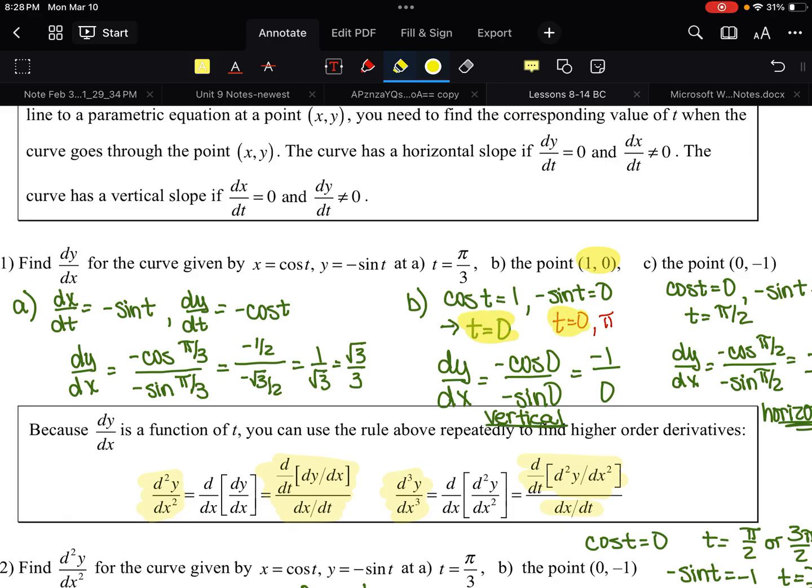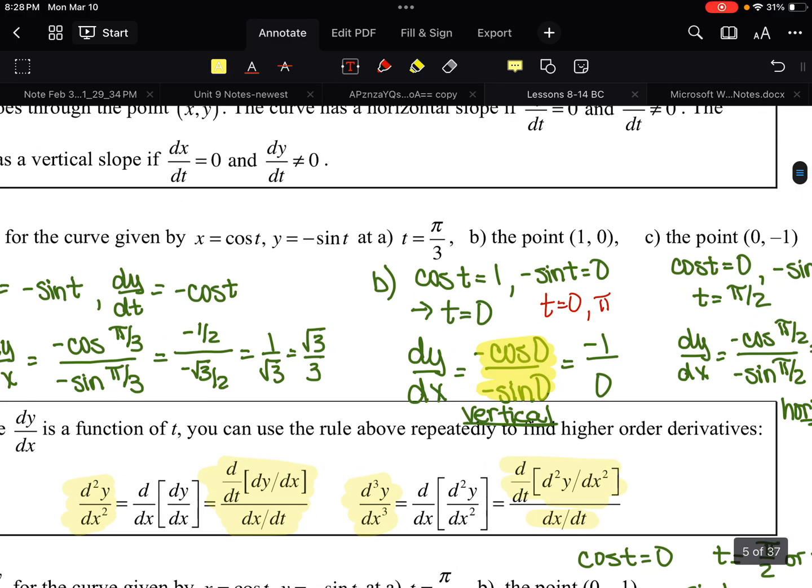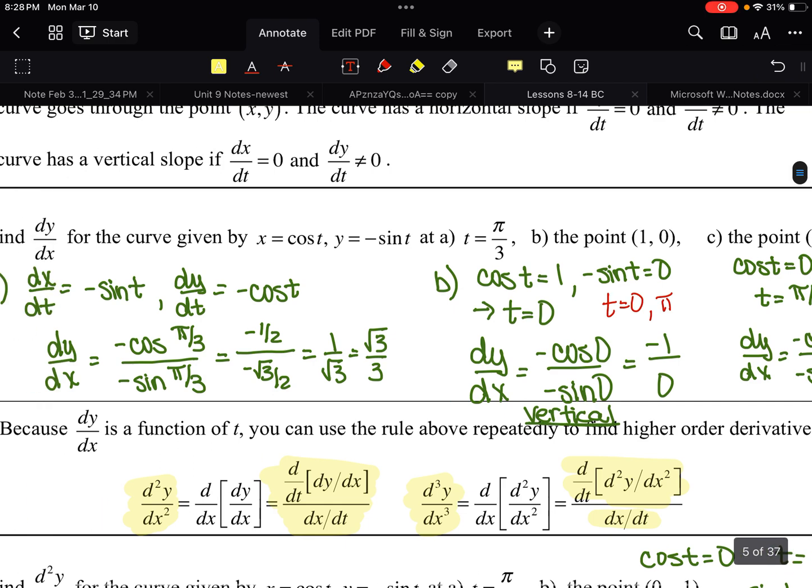That happens when t is 0. So for dy/dx, plug in 0, you get negative 1 over 0. That's undefined. So at that point, the slope is undefined, which means the function is vertical. The tangent line at that point would be a vertical line.